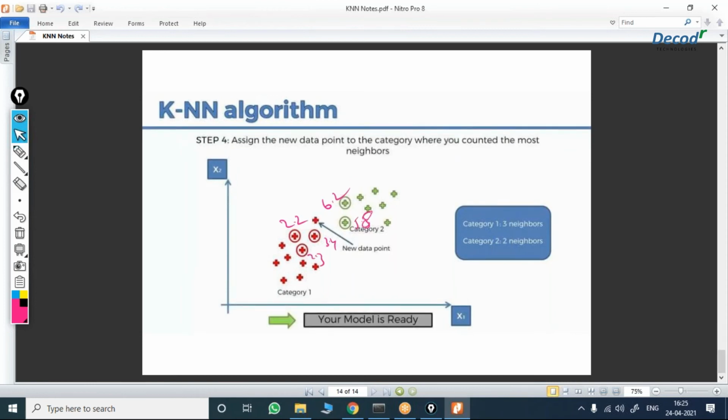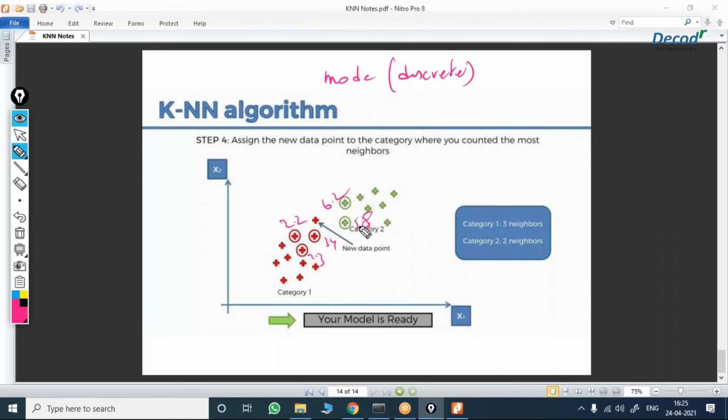After that, in the fourth step, assigning a new data point to the category that has the most neighbors means you are calculating the mode, the most frequent, because it is a discrete variable. You count how many pluses, how many red color, how many green color there are, because it is discrete.